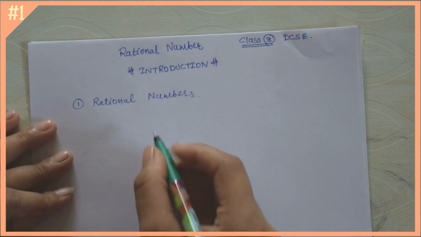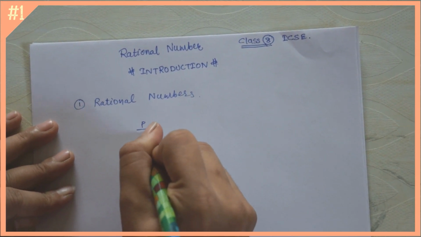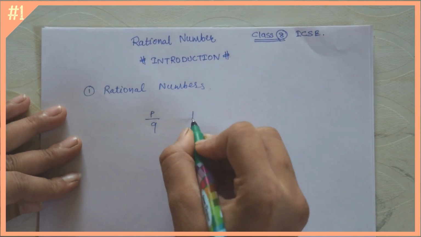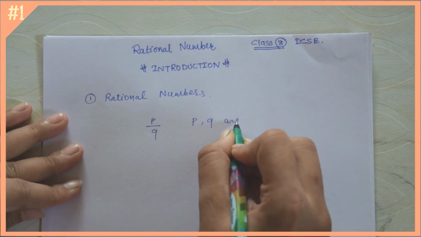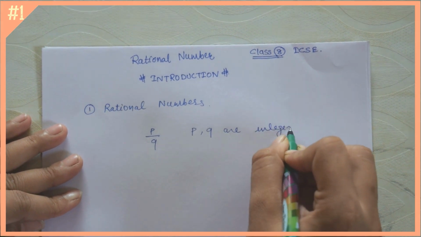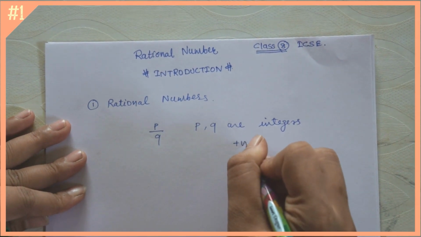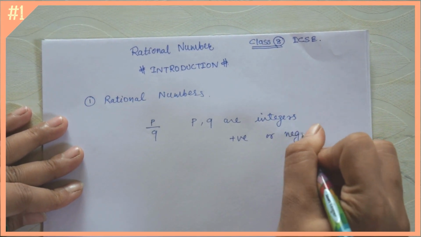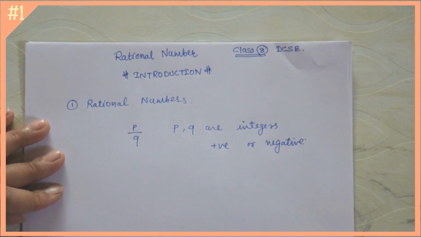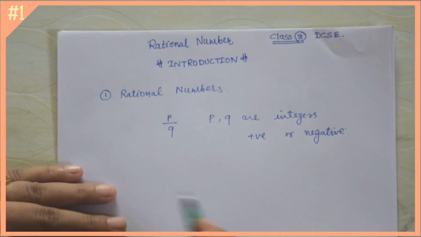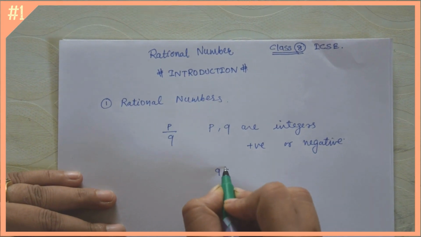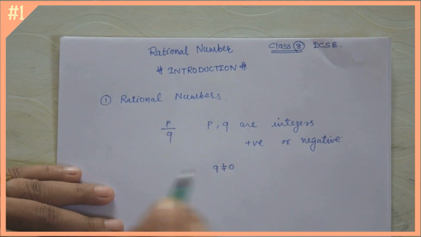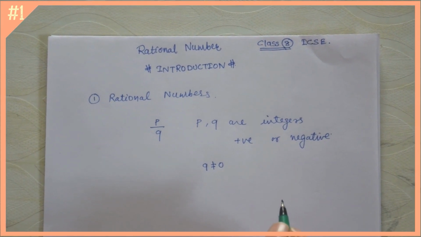Now rational numbers are of the form P by Q. Here P and Q are integers. That means they can be positive or negative. But the one condition here is that Q should not be equal to 0. That means the denominator should not be equal to 0.